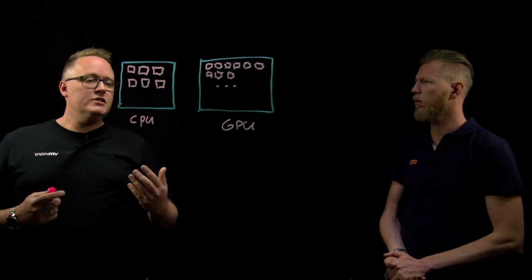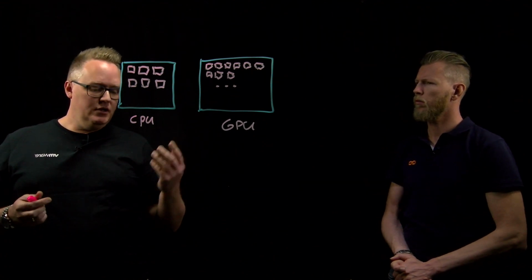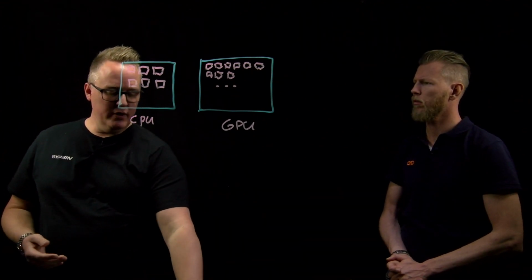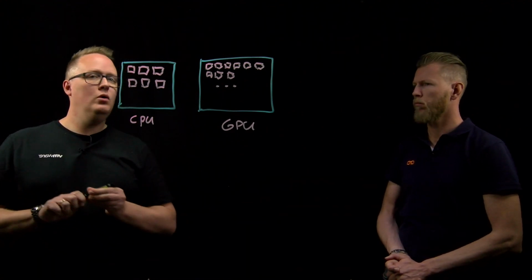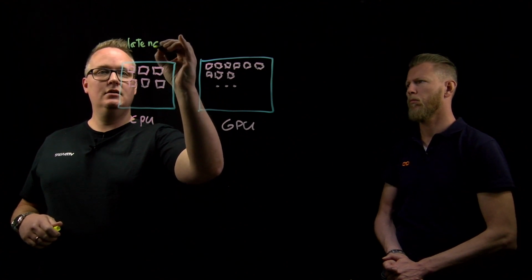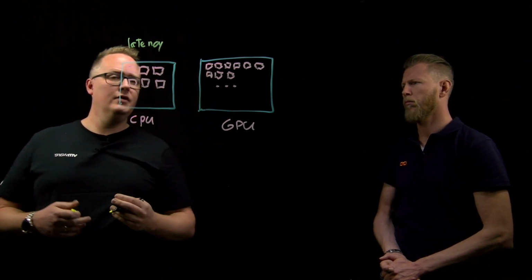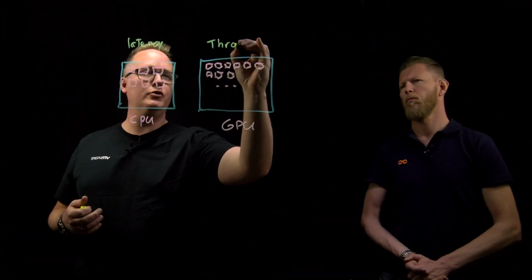It's the number of cores, and well, it's not only that, it's because the nature of a CPU is all about being optimized for latency. So latency sensitive applications, right? Where a GPU is more about throughput.